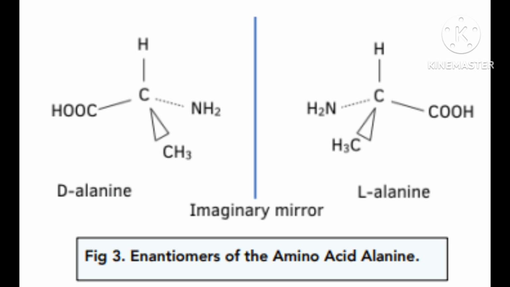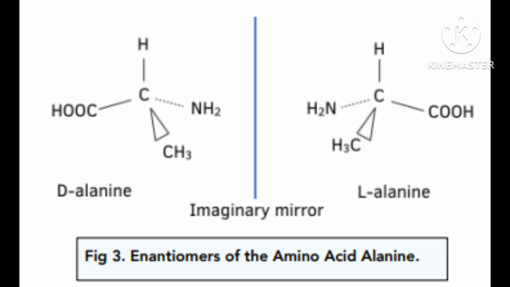Now another type is meridional isomer, in shortcut MER. From meridian came meridional isomer. Then how will you get this type of isomer?